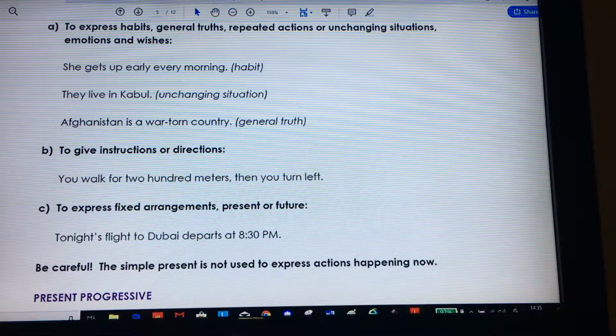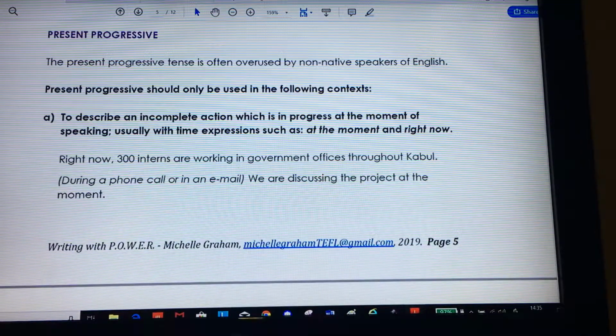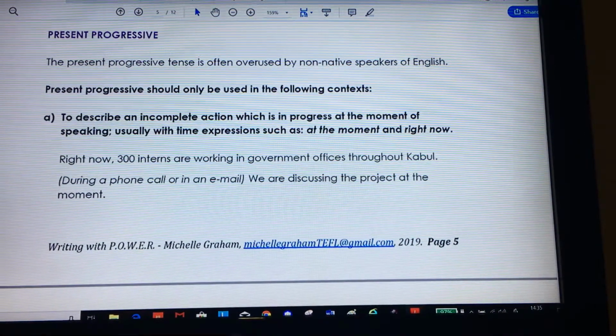If an action is happening right now, here's where you'll be using present progressive. This is the ing form of the verb, so it has the be verb and then the ing form. We'll use it to describe an incomplete action which is already in progress at the moment, and we use this with time expressions such as at the moment, right now, now.